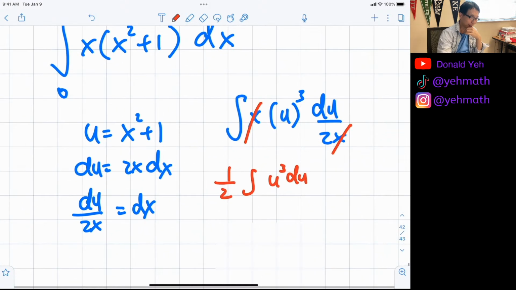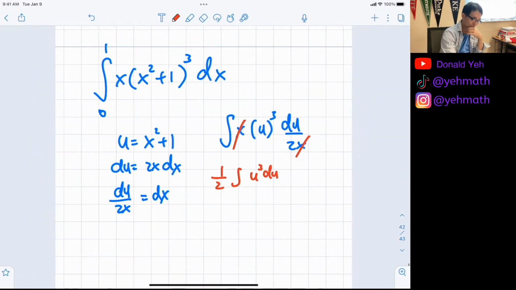Now, the boundary needs to switch. What I mean by that, I need to substitute the x value in there to get 1 squared plus 1, so that's equal to 2. And I'm going to switch that 0 squared plus 1 is equal to 1. So it's between 1 and 2.